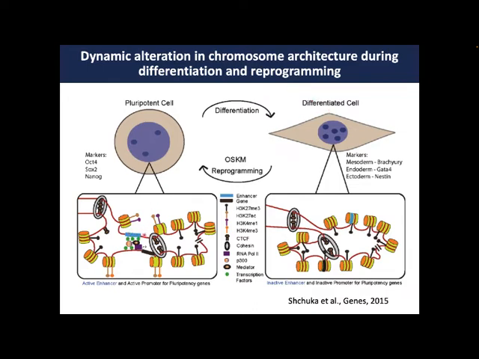In a pluripotent cell, the pluripotent genes such as OCT4, SOX2, and Nanog are actively transcribed. The promoter of OCT4 is occupied by transcription factors, polymerase, enhancer binding proteins, and Mediator. So those transcription complexes are actively formed in the pluripotent cell.